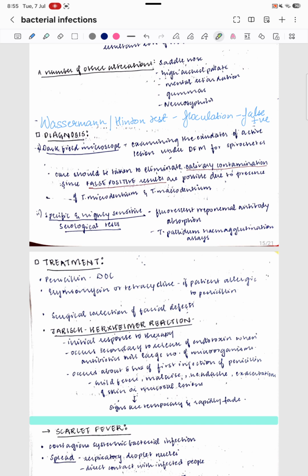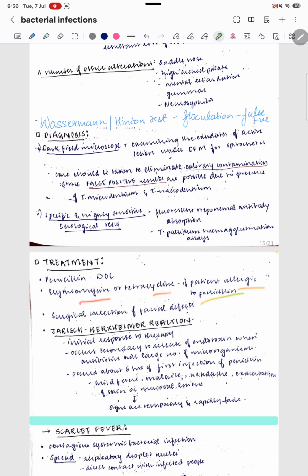Then specific and highly sensitive serological tests are done, that is fluorescent treponemal antibody absorption and Treponema pallidum hemagglutination assay.